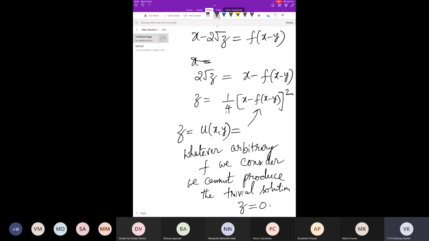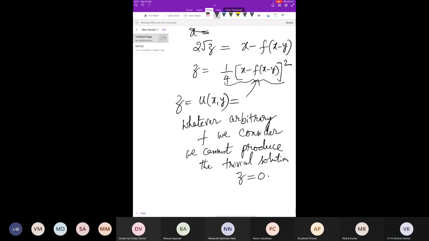We cannot make this right-hand side 0 for whatever f we take. So there exists no f such that z is equal to 0 is covered in the general solution.